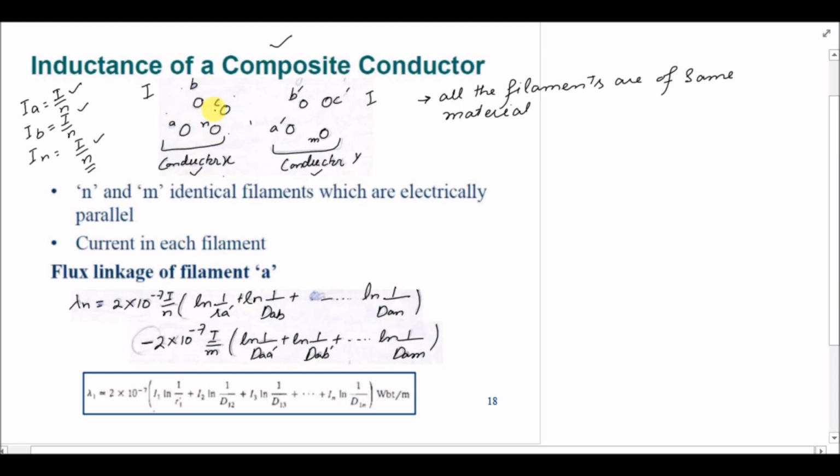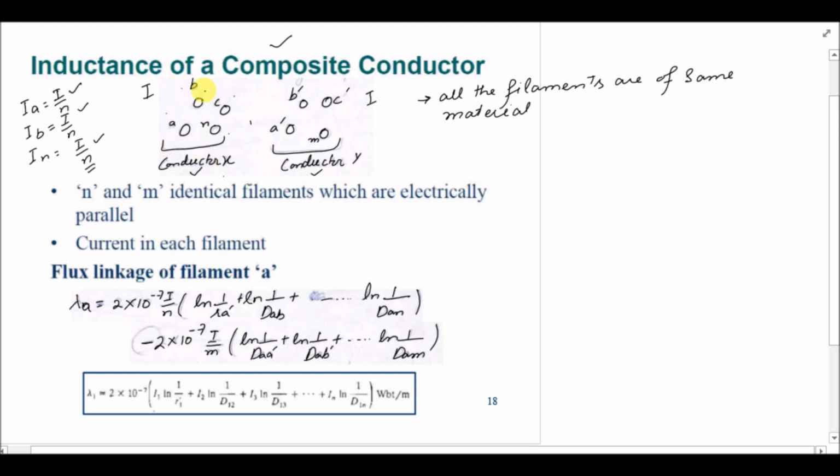Now if we have to find the flux linkage, for example lambda A, the flux linkage of filament A in the vicinity of all these filaments, this is the same case as in the last lecture, in which we found the flux linkage of a single conductor in a group of conductors.